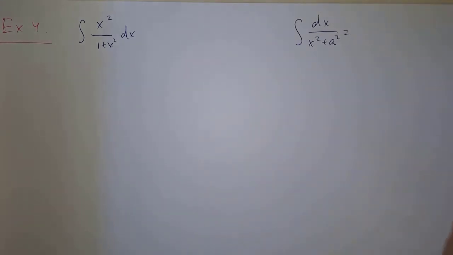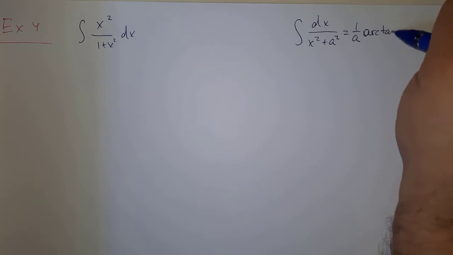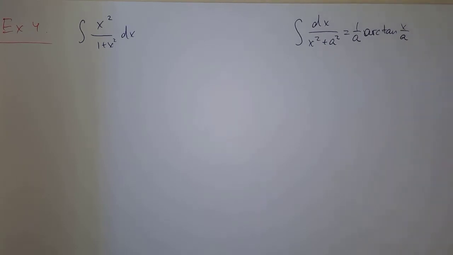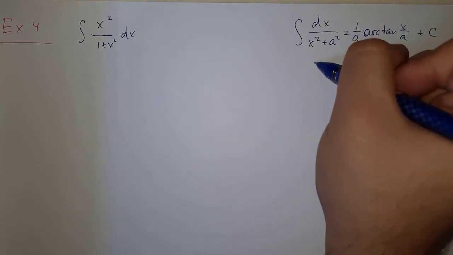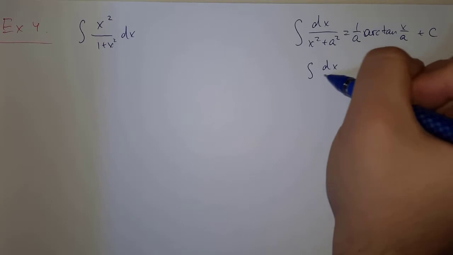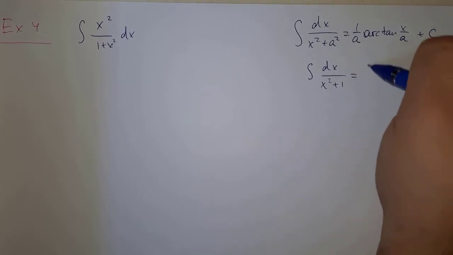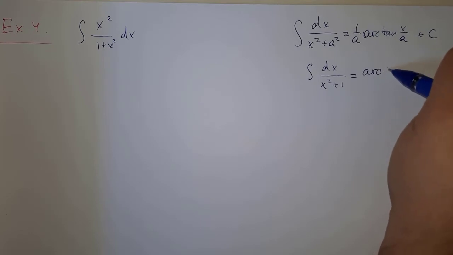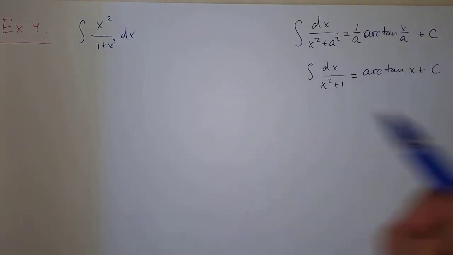It was 1 over a arctangent x over a plus c. So in particular, if instead of a we have 1, we get dx over x squared plus 1, and it will be now just arctangent x plus c.